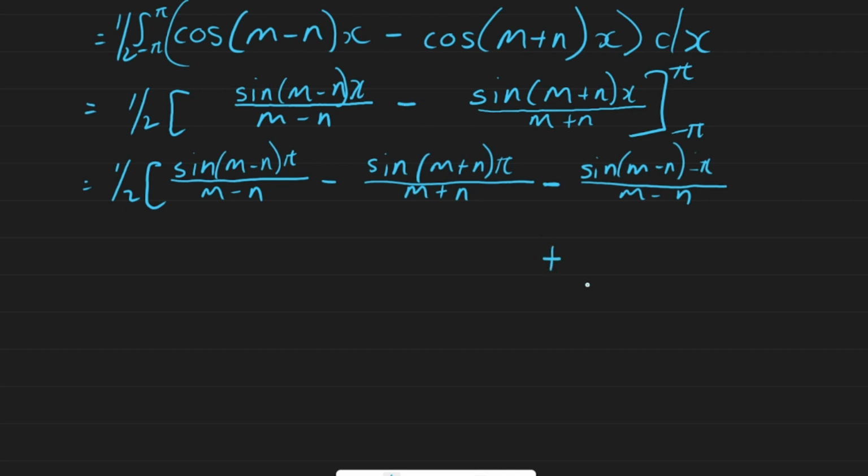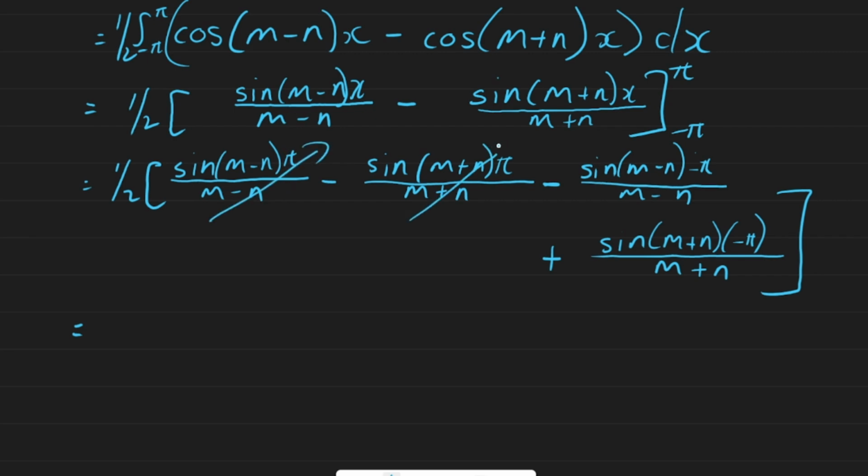A minus and a minus will give you a plus, so plus sine of m plus n times minus pi divided by m plus n. And this entire thing is already being substituted. So once more, sine of pi is equal to 0. So all of these terms become 0. Sine of minus pi is also 0.